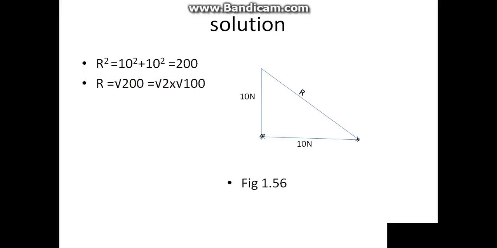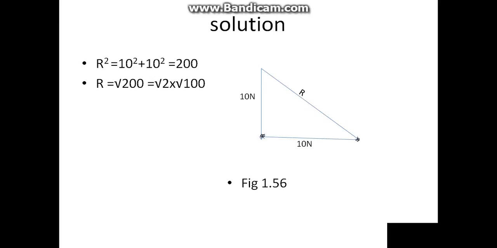Making r the subject of the formula, r is the square root of 200, which is the same thing as square root of 2 times square root of 100, which will also equal 10 times square root of 2 Newton.